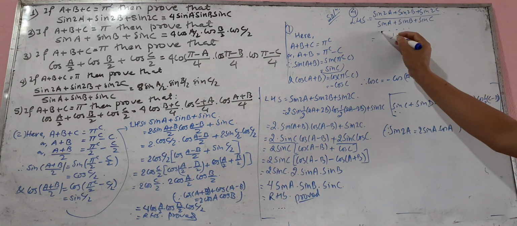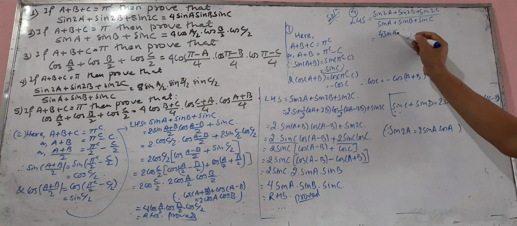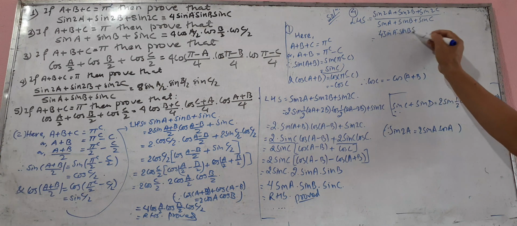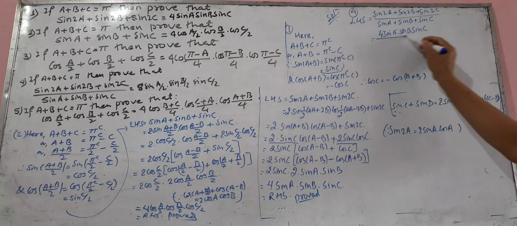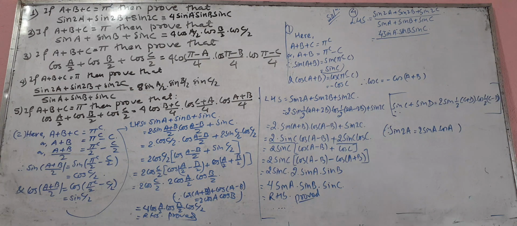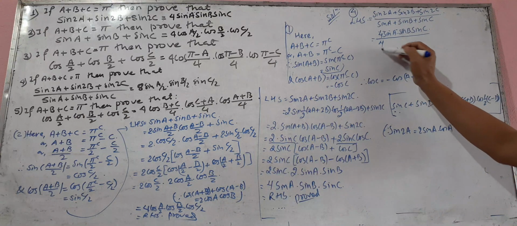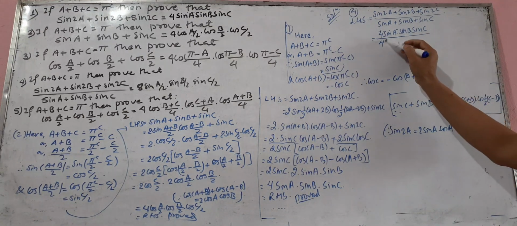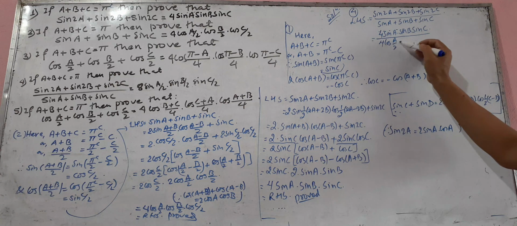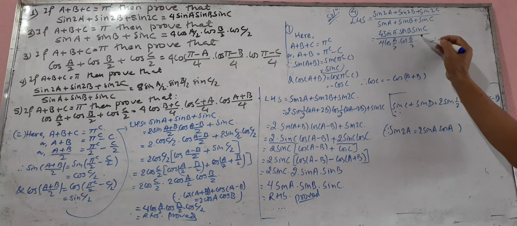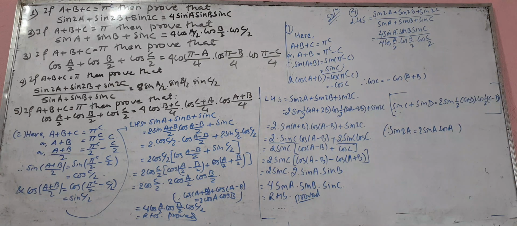Then you will get 4 sin A sin B sin C, and in the denominator we get 4 cos A by 2, cos B by 2, cos C by 2.